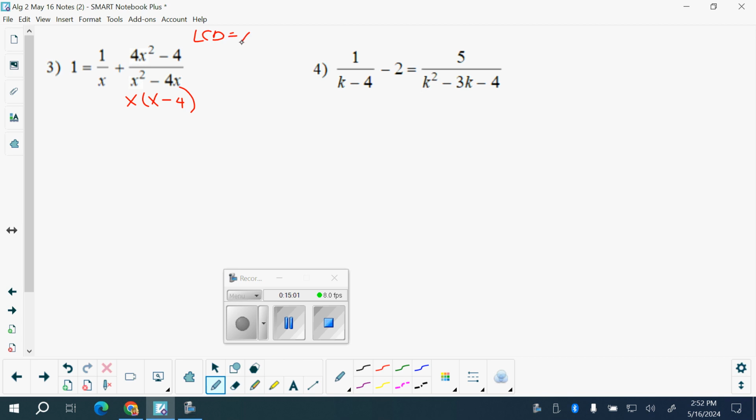X times x minus 4. So we're going to multiply the top and bottom of the 1 over x by what? X minus 4. And then this 1, we're going to multiply the top and bottom by, I'm just going to make it an x squared minus 4x.